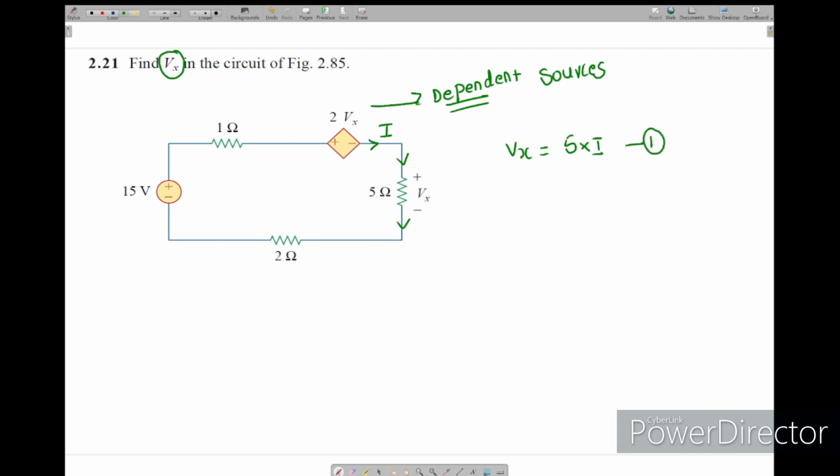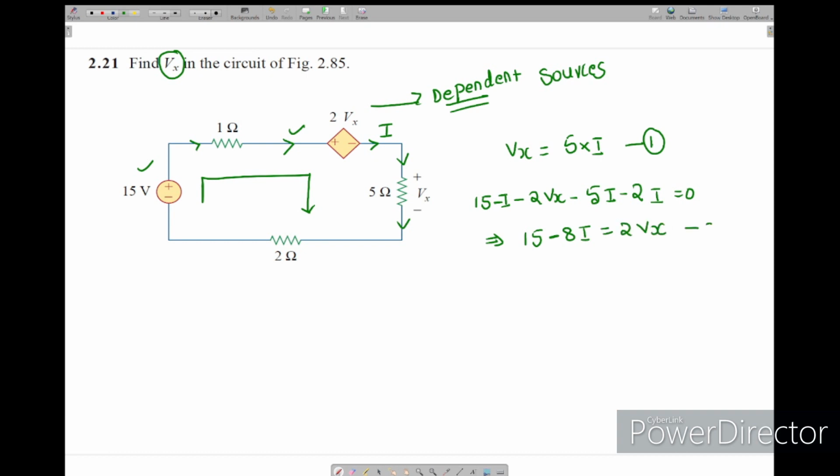I will call this equation 1. Now we will find the current in this loop, that is only I. Now we apply KVL: 15 minus 1 times I minus 2Vx minus 5I minus 2I equals 0. What did we get here? 15 minus 8I equals 2Vx. I will call this equation 2.